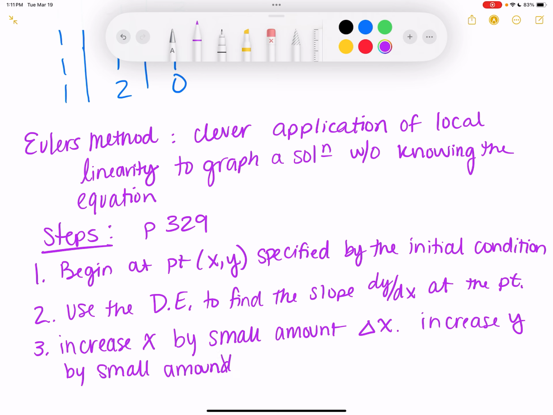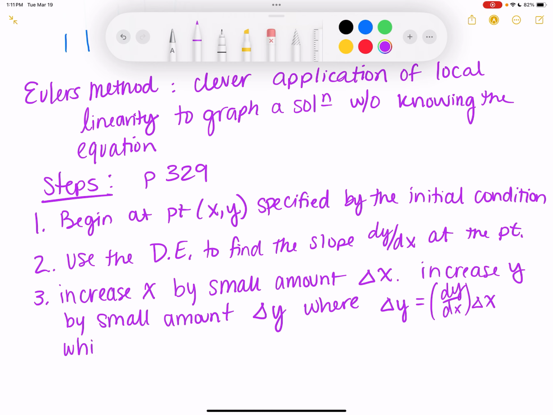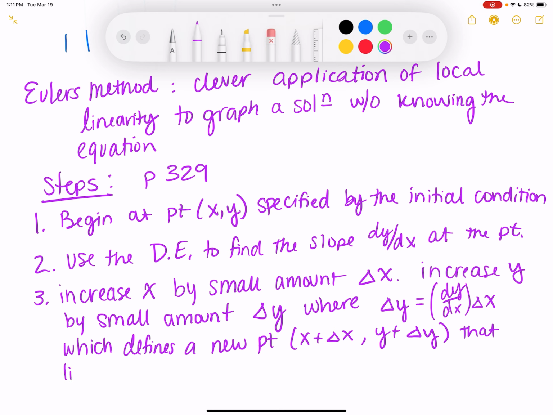Call that delta y, where delta y equals dy/dx times delta x, which defines a new point x plus delta x, y plus delta y that lies on the linearization.